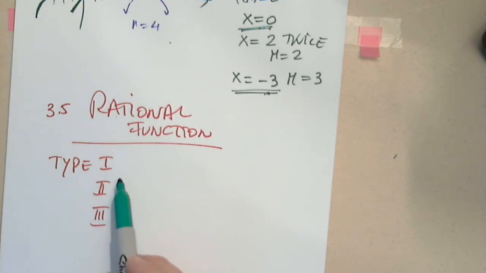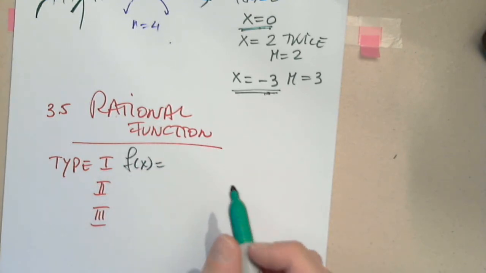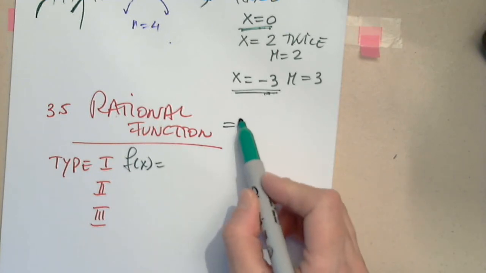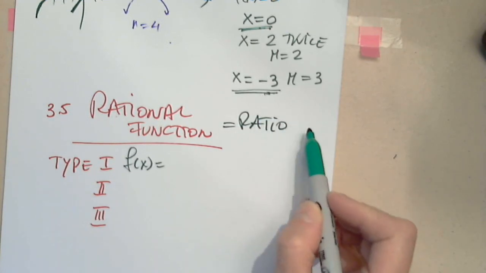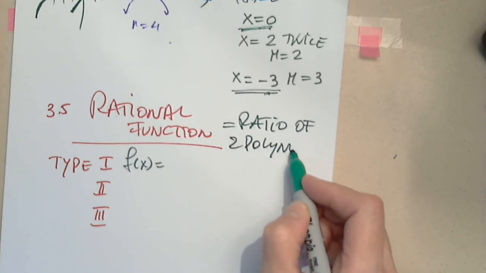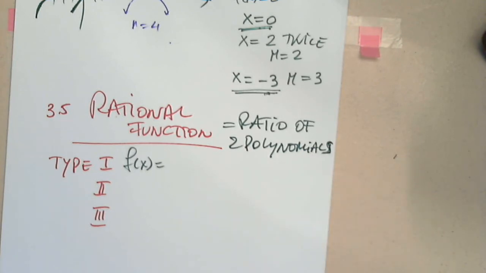Okay, type 1. I'm going to give you 2 examples. F of x equals, by the way, a rational function, maybe I should say that from the beginning, is a ratio or a quotient of 2 polynomials.